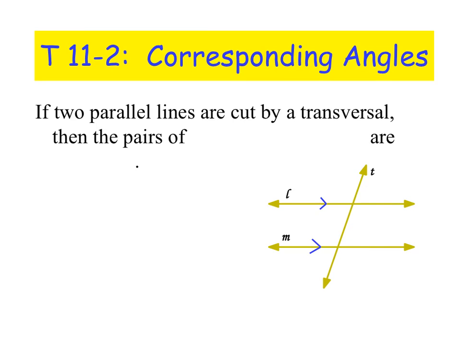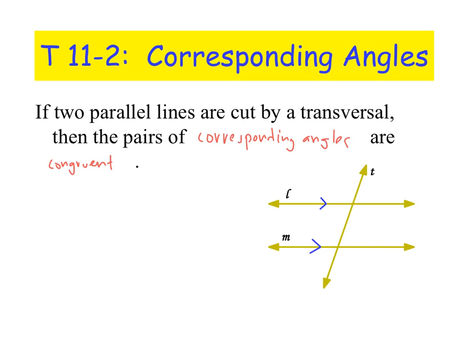All right, next one is corresponding angles, another concept that we talked about yesterday in 11.1. If two parallel lines are cut by a transversal, then the pairs of corresponding angles are congruent, which we remember means equal, same as those alternate interior angles.